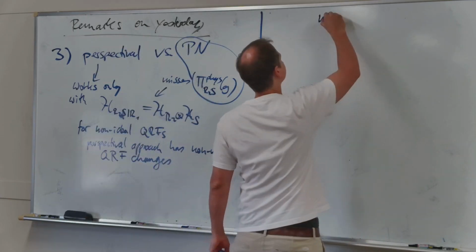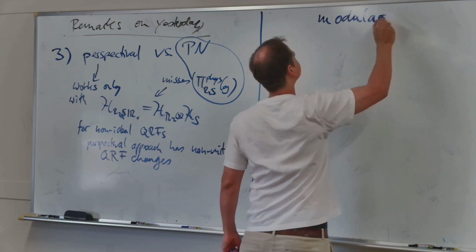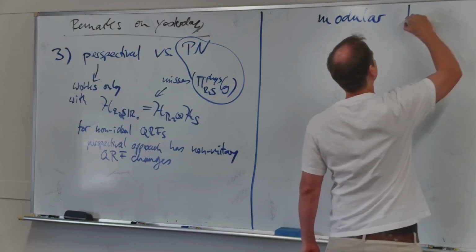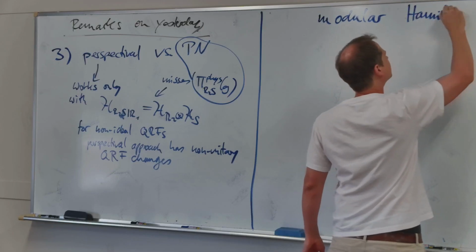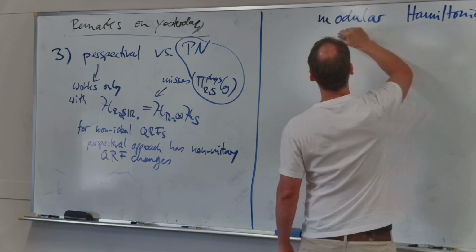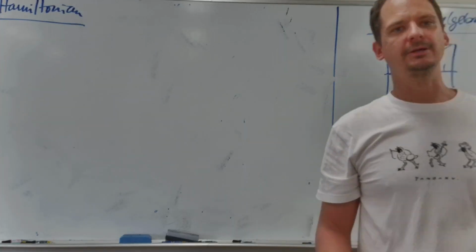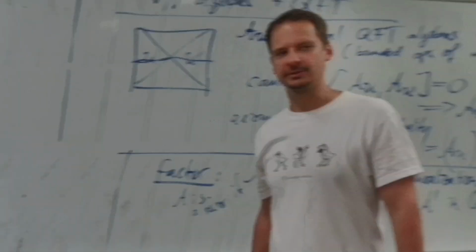And now there is another ingredient that we need. I mentioned it yesterday already. There was this Hamiltonian for the quantum field theory, the boost Hamiltonian, and it is a so-called modular Hamiltonian.